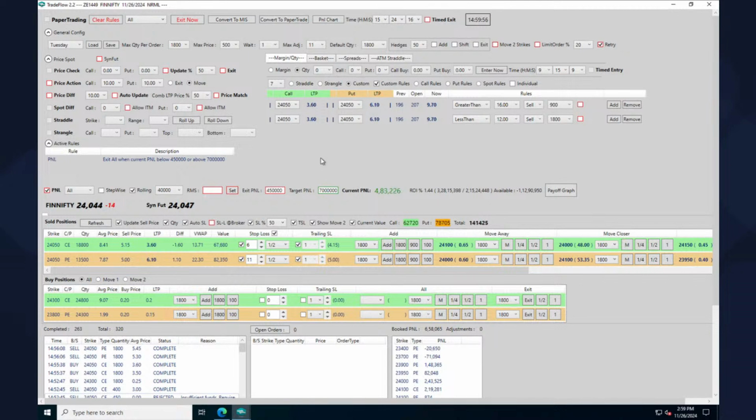Right now I'm still betting on 24050. Whether Nifty goes up or down, the synthetic future is revolving around 24050. Obviously there is no guarantee in life, but there is a high probability that it will expire there. That's what I would think.